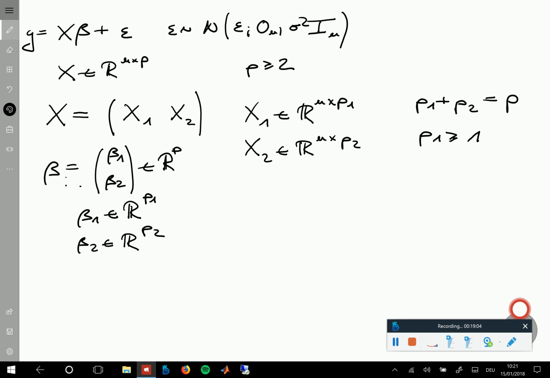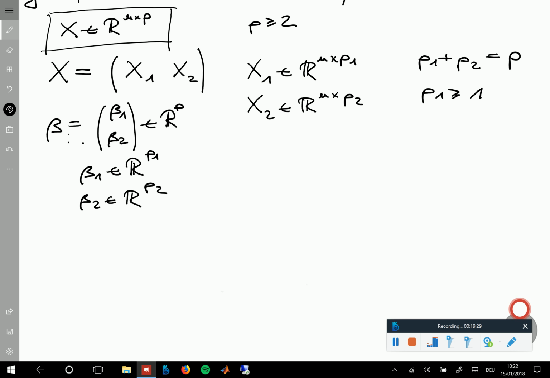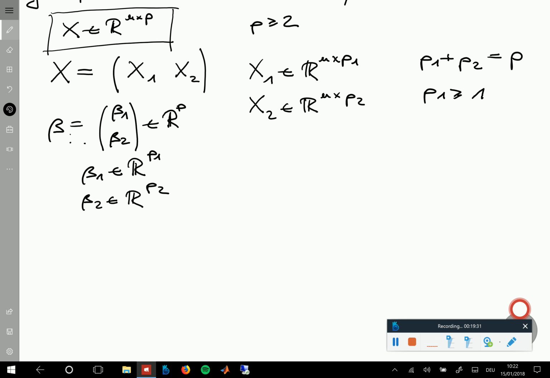The data we don't have to split, so the data remains the same, and the error remains the same. We're just partitioning one big or full design matrix into 2. And by this procedure, you can also view that as defining 2 models out of one original model.